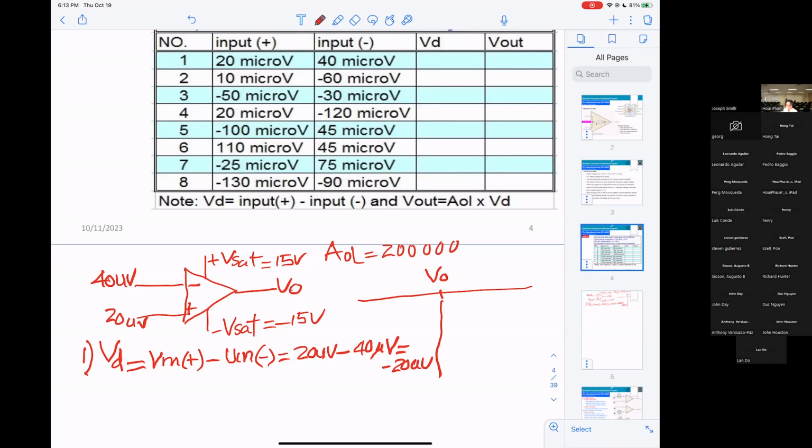VD means the difference. Minus 20 microvolts.